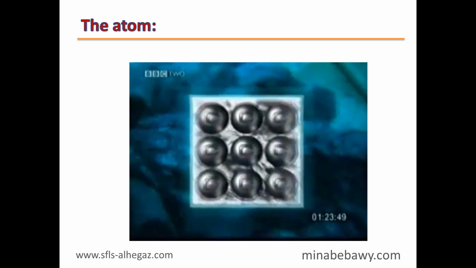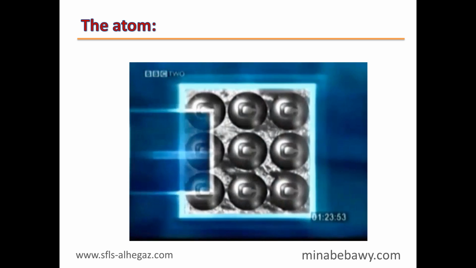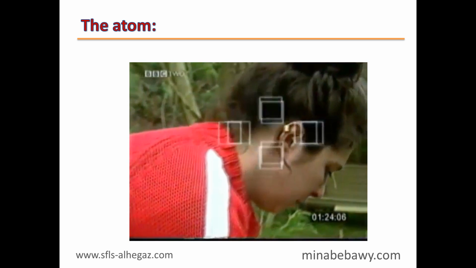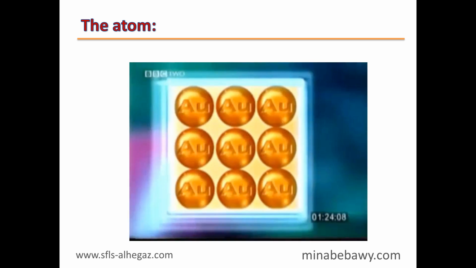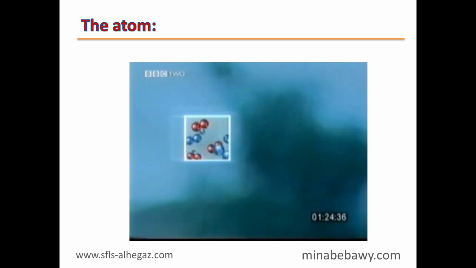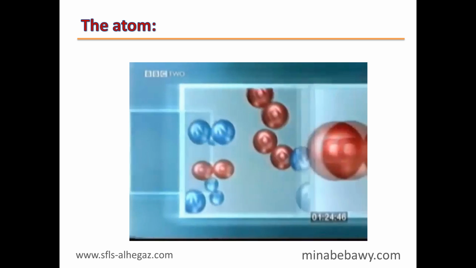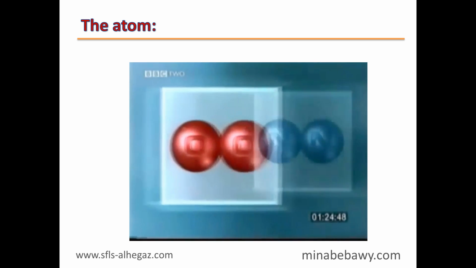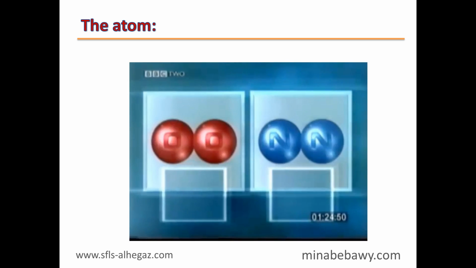These pieces of coal are formed of carbon. They are formed of carbon atoms. This piece of gold is formed of gold molecules, which are formed from gold atoms. Even air around us contains oxygen molecules, nitrogen molecules.